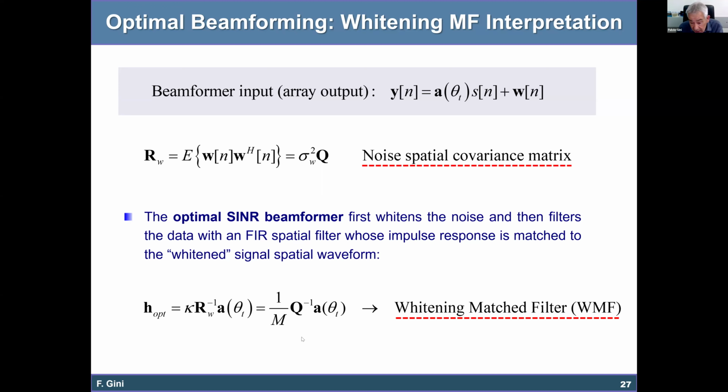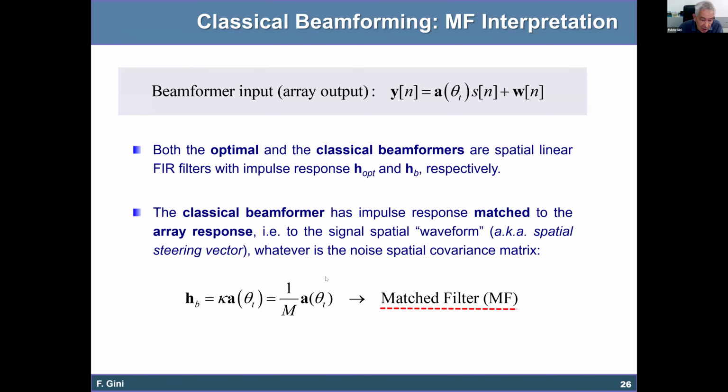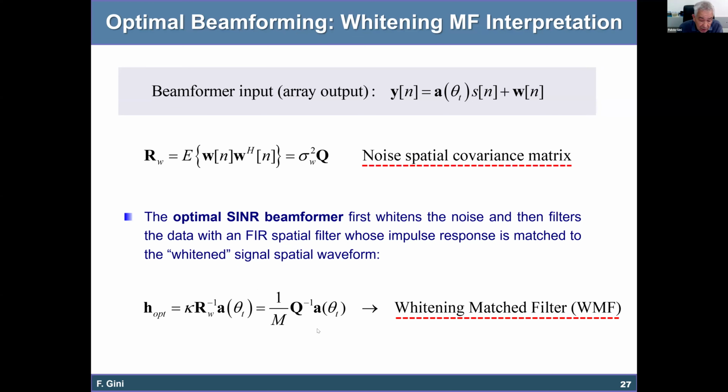If the noise is white, the disturbance is white, Q is the identity matrix. So in the case the noise is white, the optimal clairvoyant beamformer coincides with the classical beamformer. So they coincide only if the disturbance is white. Otherwise, they are different. Now, this beamformer is sometimes also called a whitening matched filter, WMF.